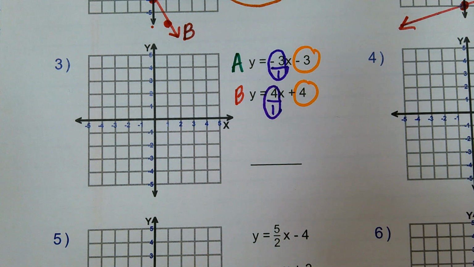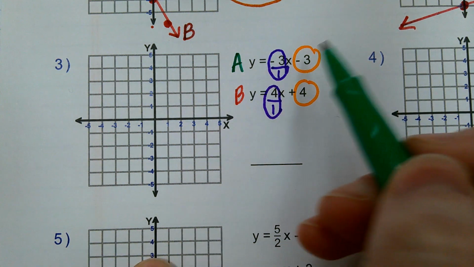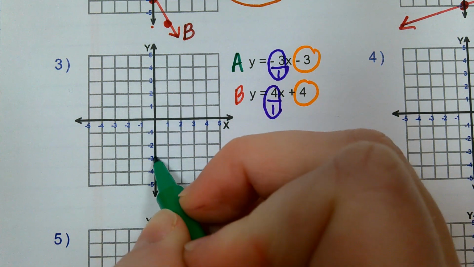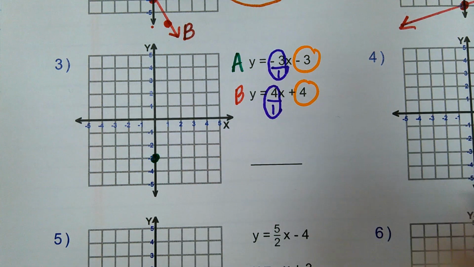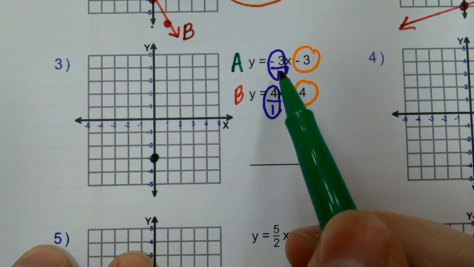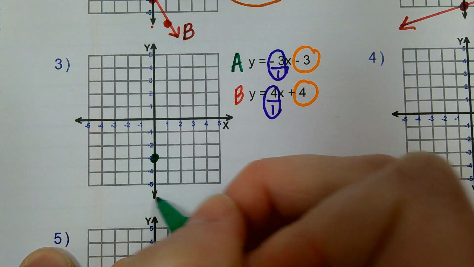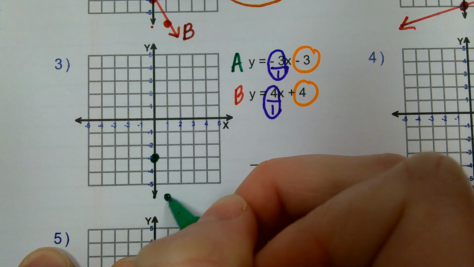So let's start with A. Where's our first point? -3. Good, -3. So we'll go down 1 to -3. And how do we find that next point? You go down -3 over 1. 2, 3 over 1. So we could do it that way.